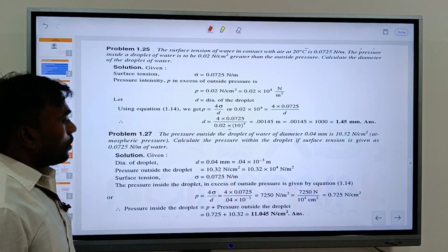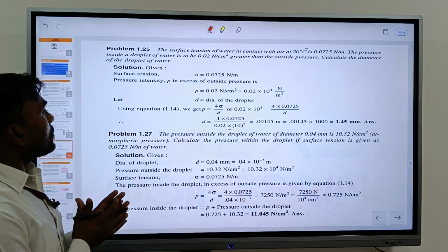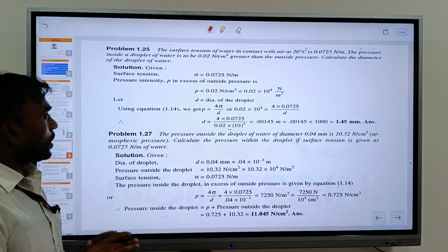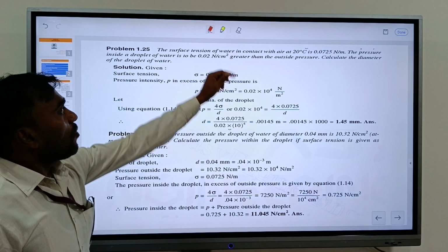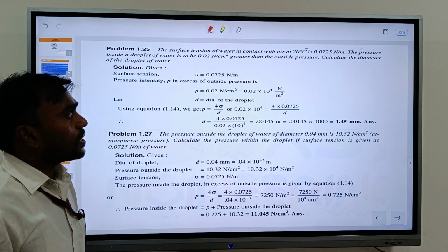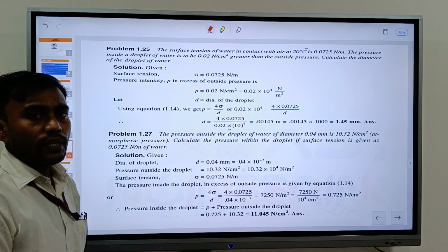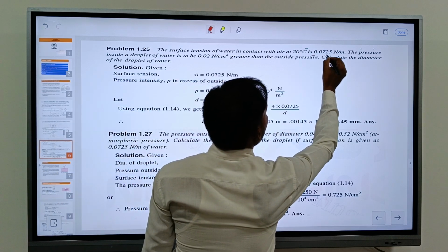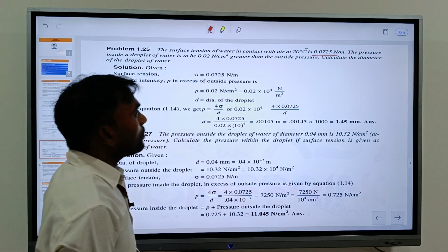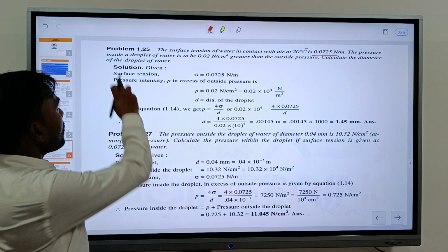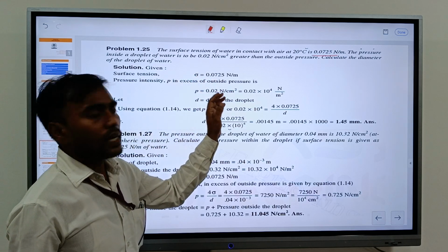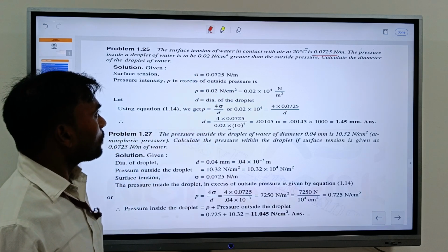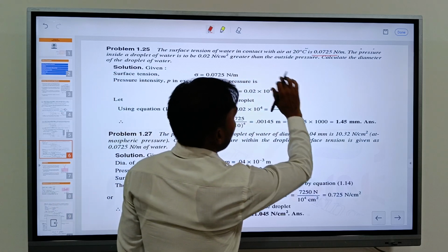Now let us move towards some basic problems related to surface tension. In this question, the surface tension of water in contact with air at 20 degrees Celsius is given as 0.0725 Newton per meter. The pressure inside a droplet of water is to be 0.02 Newton per centimeter square greater than the outside pressure.